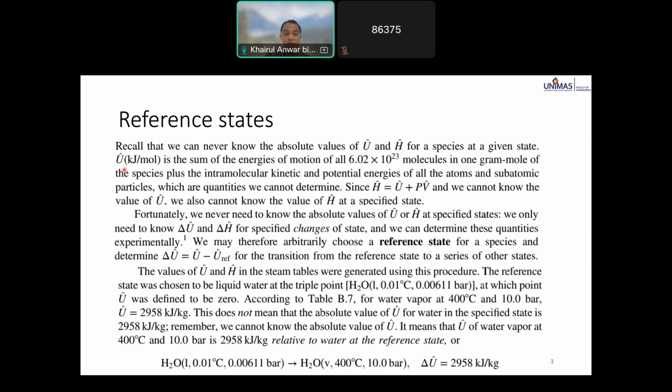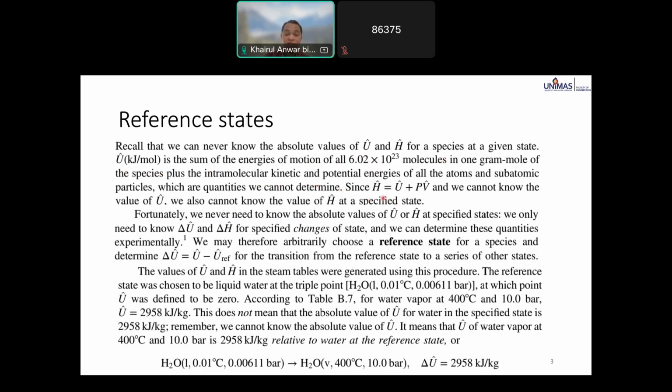Specific enthalpy is the sum of the energy of motion of all, this is our Avogadro number, in 1 gram mole of the species plus the intramolecular kinetic and potential energy of all the atoms and subatomic particles whose identity cannot be determined.